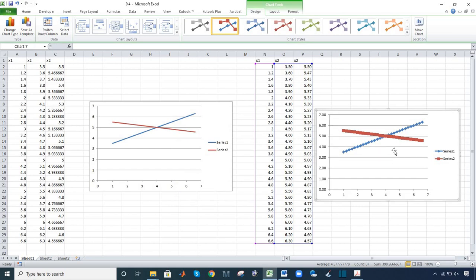If you observe, x1 is 4 and x2 is 5. At this point where the two lines intersect with each other, this is the solution, the value of x and the value of y.